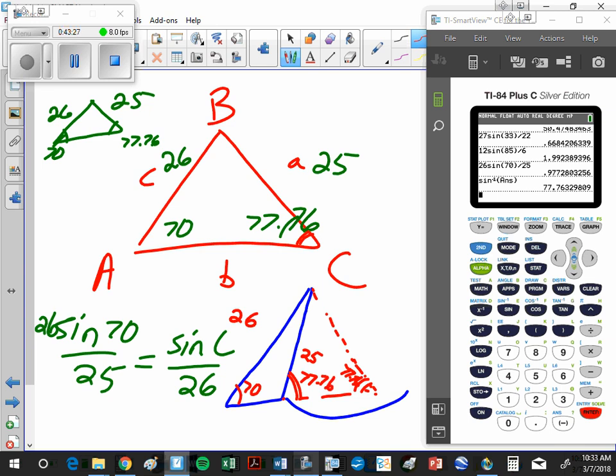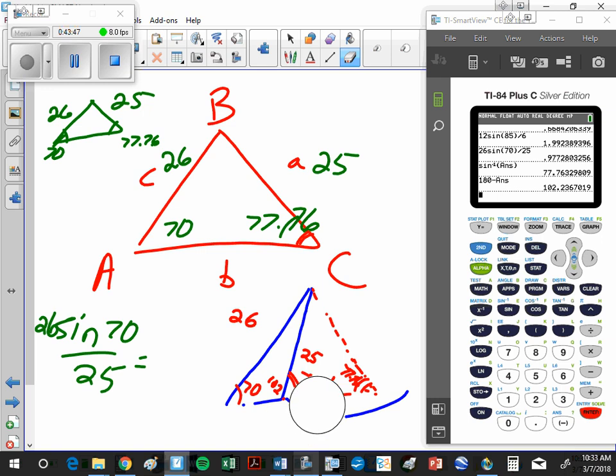And then I do 180 minus 77.76, and I get a new angle in here of 102. And that angle will always be obtuse. Now I have a triangle where I have 2 angles and 2 sides, and I can finish. Does that make sense?